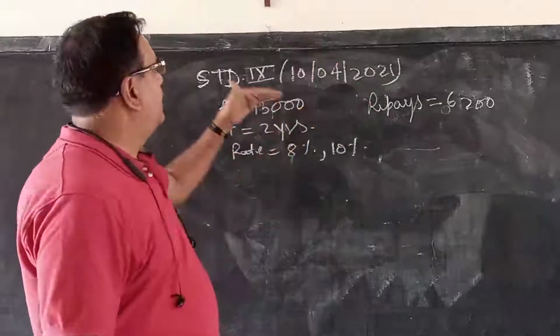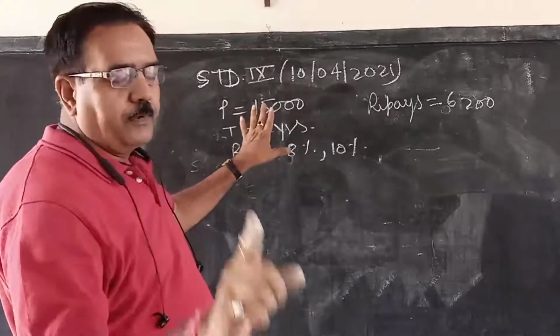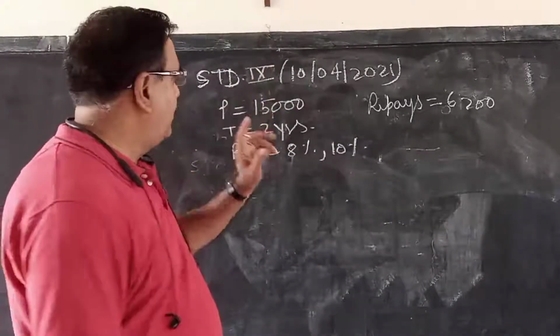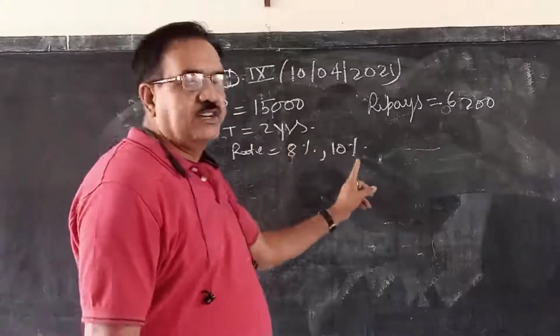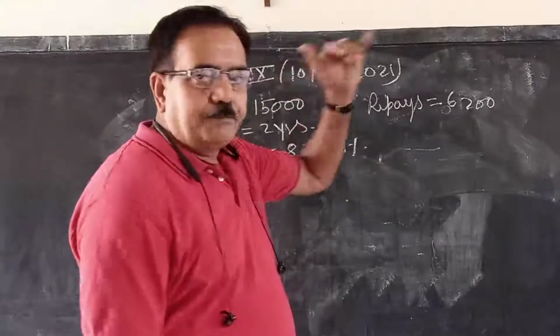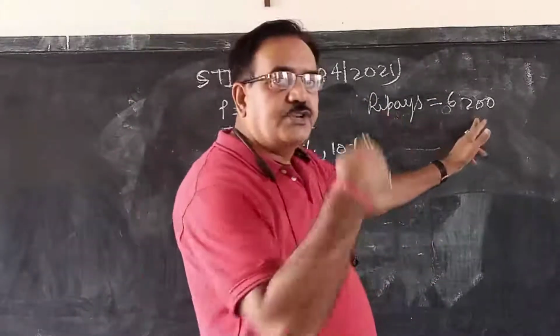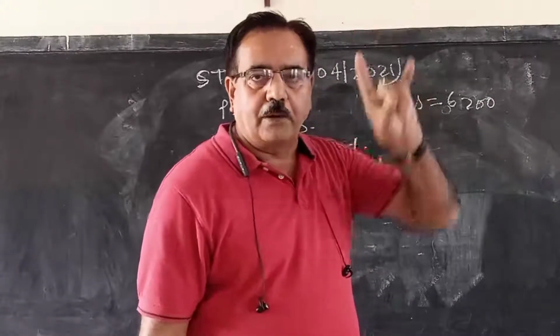It means, listen, first of all let us understand the question. The question gives 15,000 principal, time 2 years. First year rate is 8%, second year rate is 10%. After the first year amount, he returned 6,200 rupees. Do you follow this question?